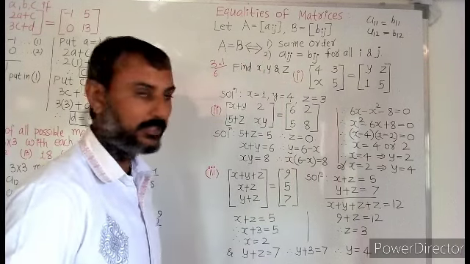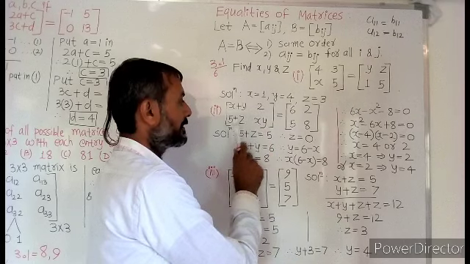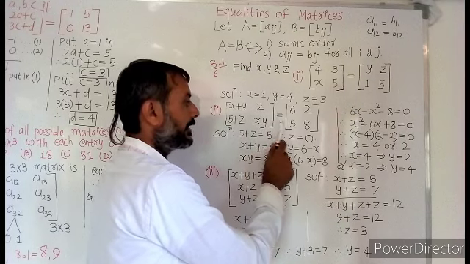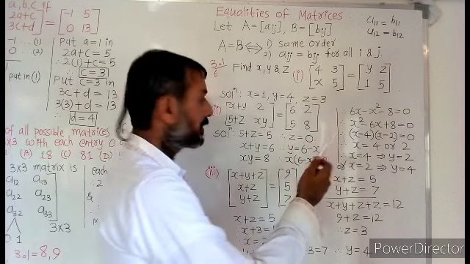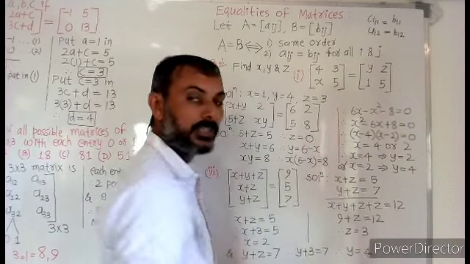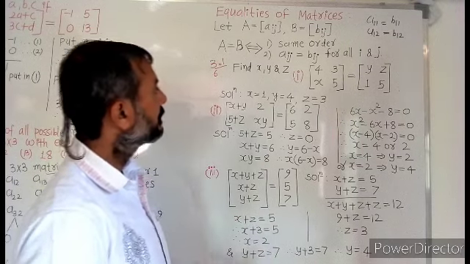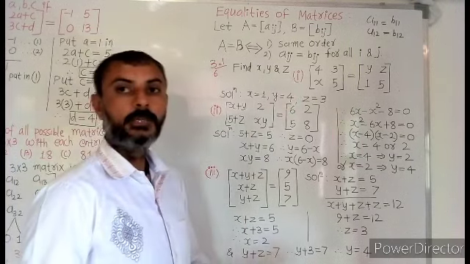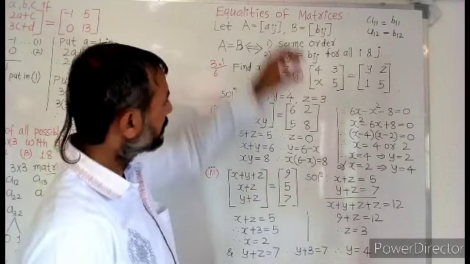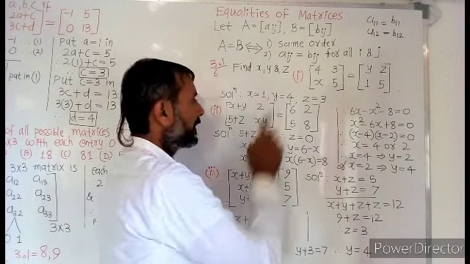Let's do another example. The matrix with entries x plus y, 2, 5 plus z, xy equals another matrix given as 6, 2, 5, 8. What happens when two matrices are equal? Very simple, two things happen, so their corresponding elements are equal.